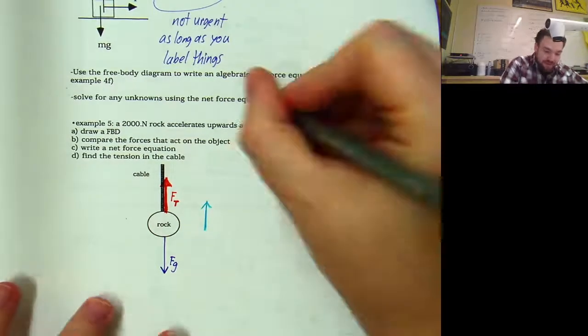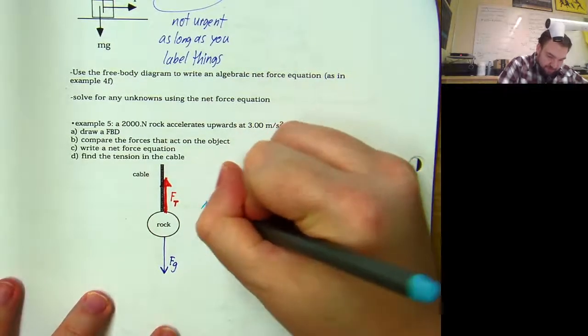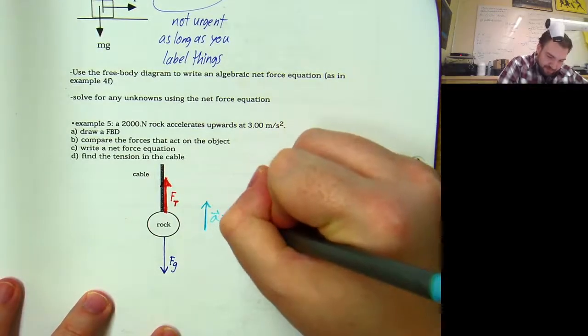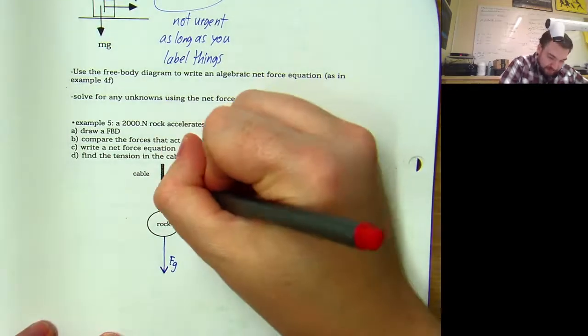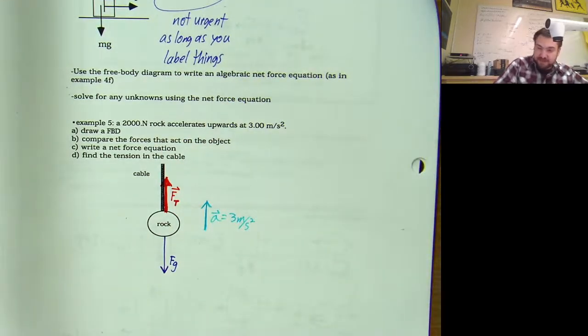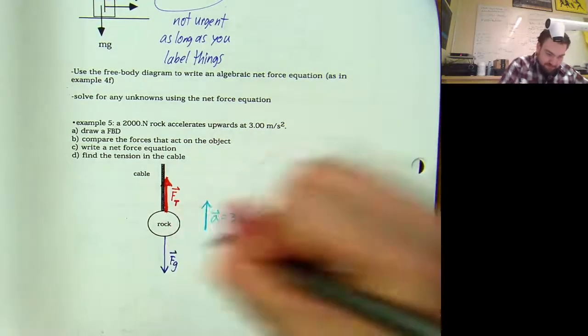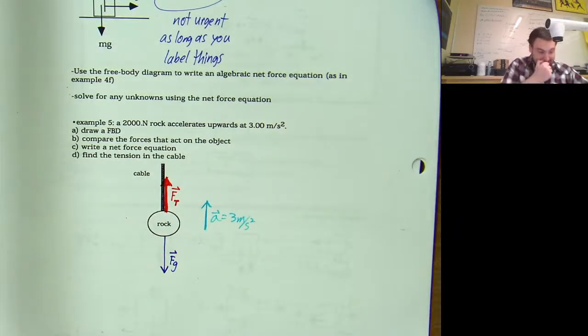I know that I've got an upwards acceleration, 3 meters per second squared. And actually what I should be doing is including arrows on the top of all of these guys because these guys are vectors. Don't get sloppy with your work. Oh, and I'm going to go back up here.